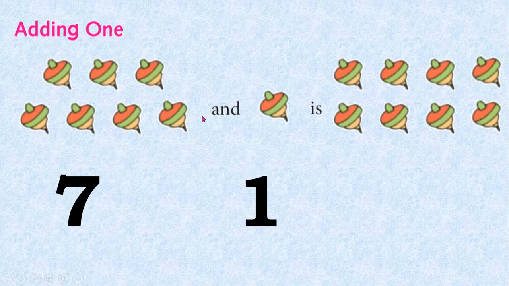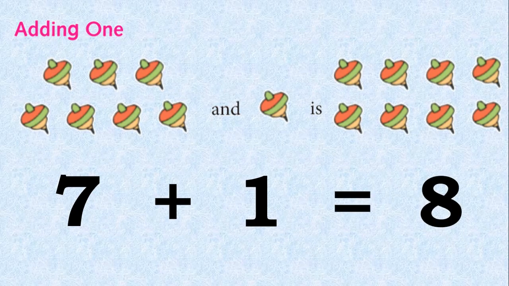So when these are put together, this one top is put together with 7 tops. How many tops are there in all here? Let us count. 1 2 3 4 5 6 7 8. That is 7 plus 1 is equal to 8.